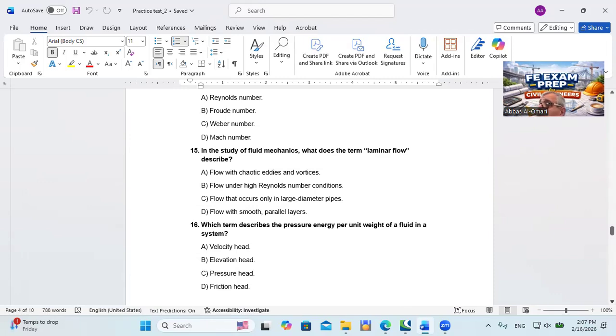Each layer flows smoothly, while in turbulent flow, there is mixing between the layers. So the answer is D, flow with smooth parallel layers.